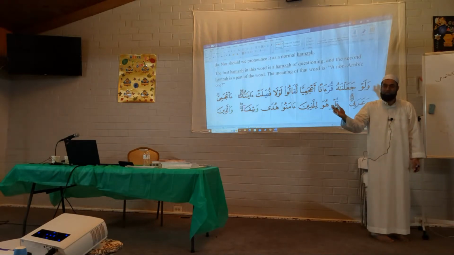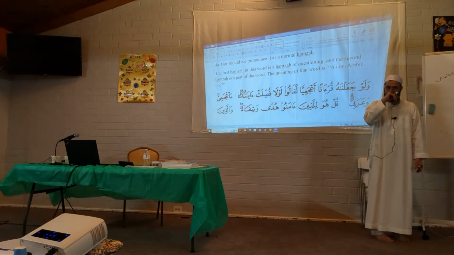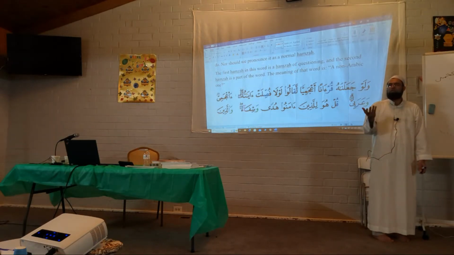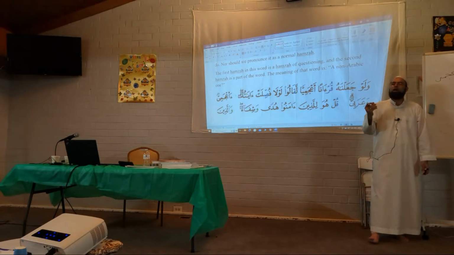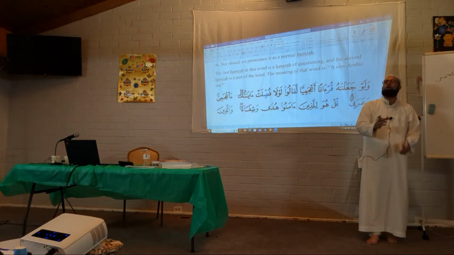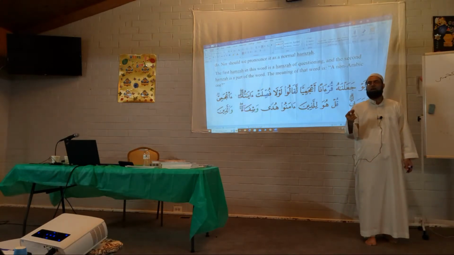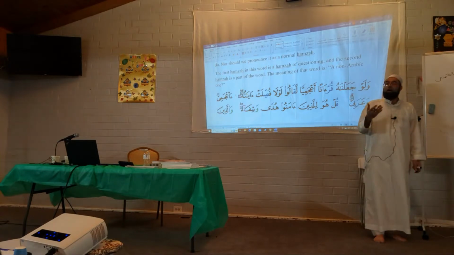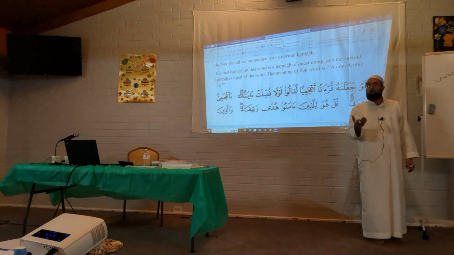That's why the best way to read this ayah is this: you stop on ayatuh, not as some people do, who read it and miss the meaning. ولو جعلناه قرآنا أعجميا لقالوا لولا فصلت آياته. Then you say what? أعجمي وعربي.